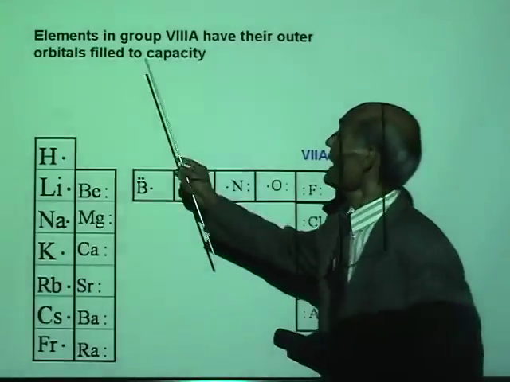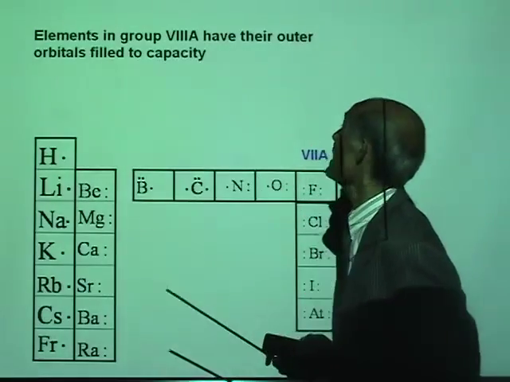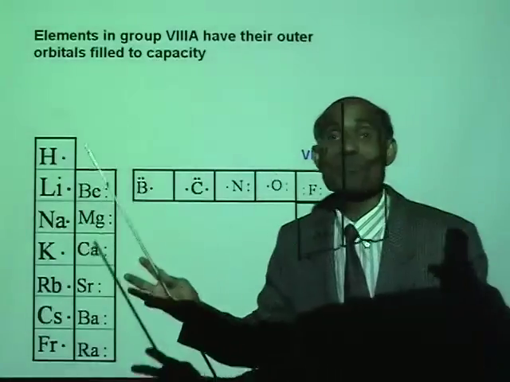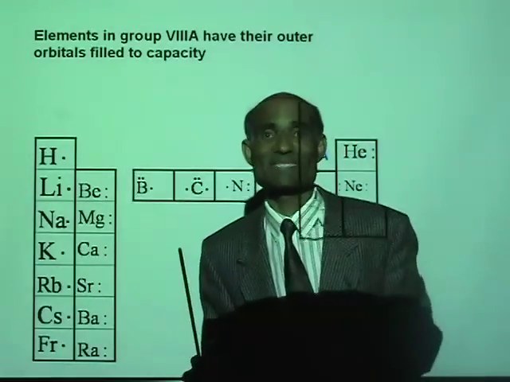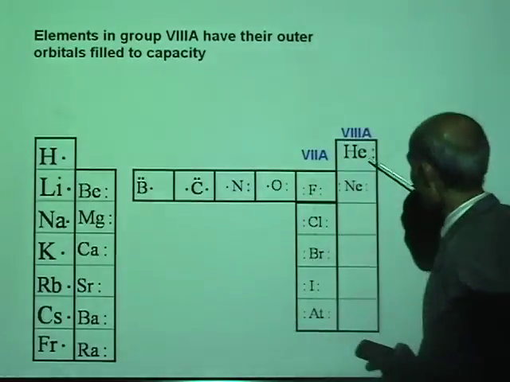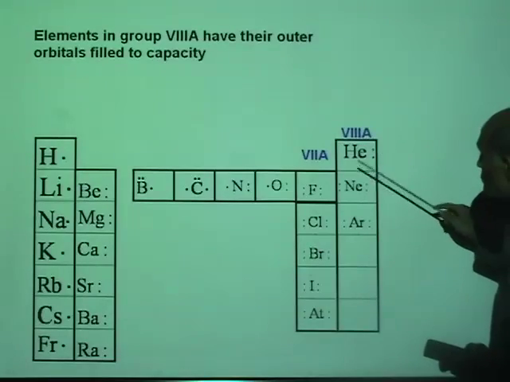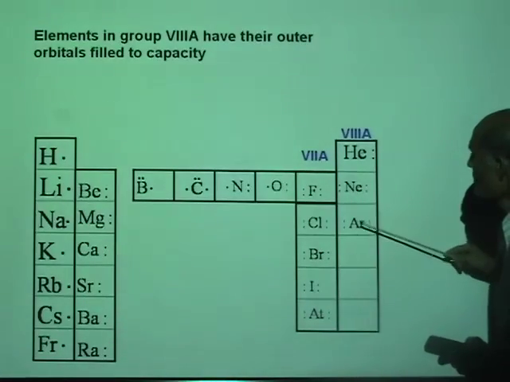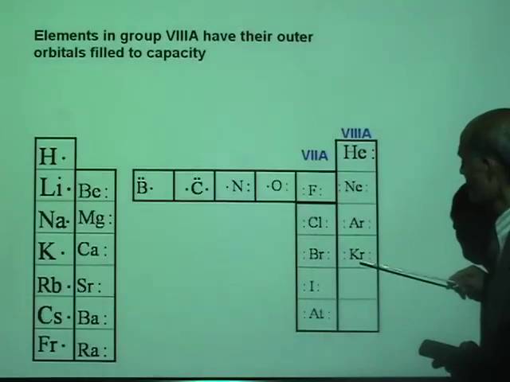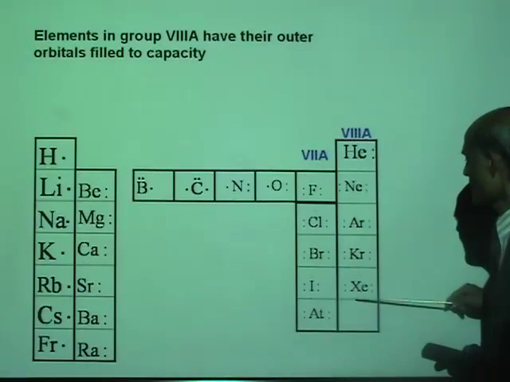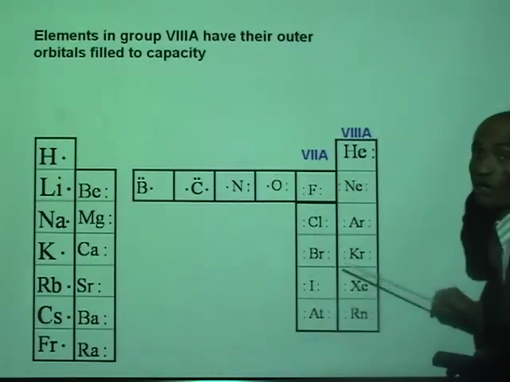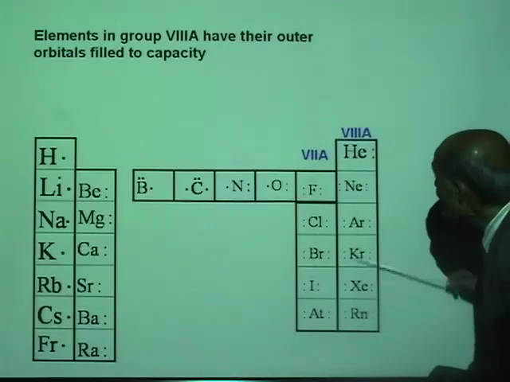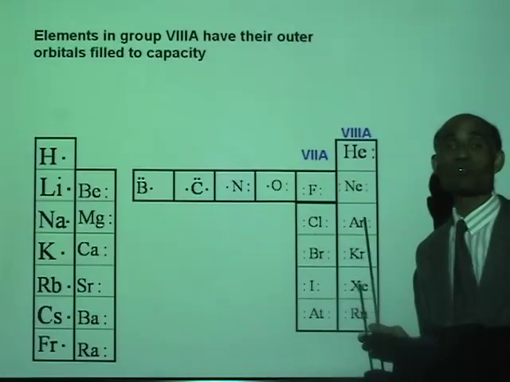Okay. Elements in group 8A have their outer orbits filled to capacity. We talked about that. Now here, neon, argon, krypton, xenon, and radon, all of them have 8 electrons in their outer orbit.